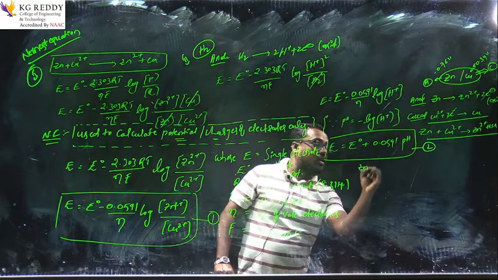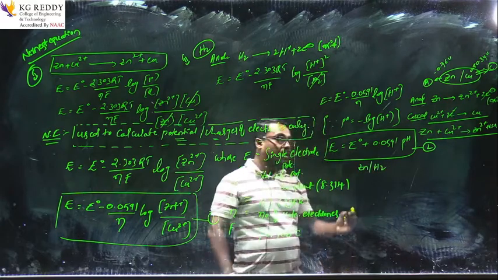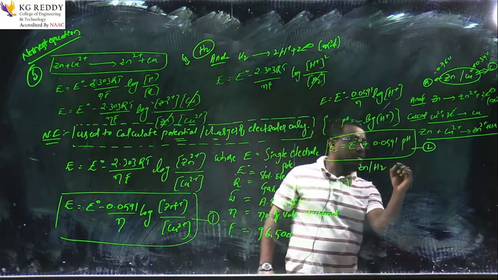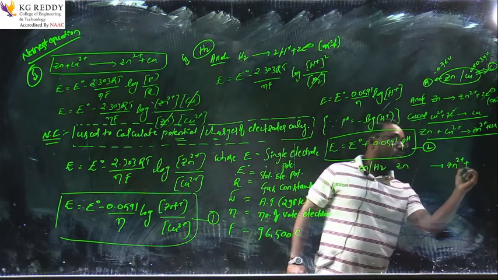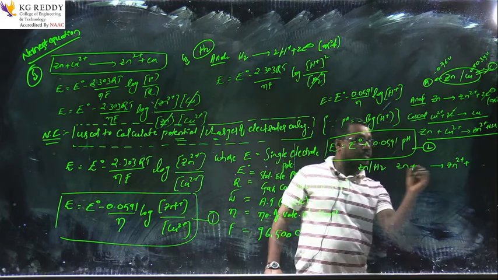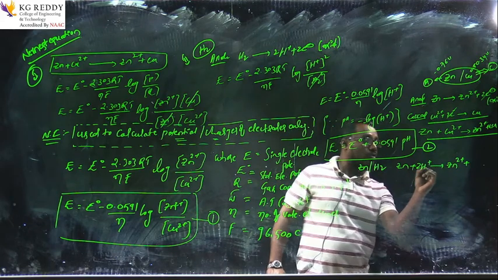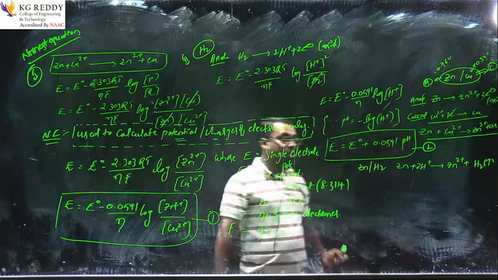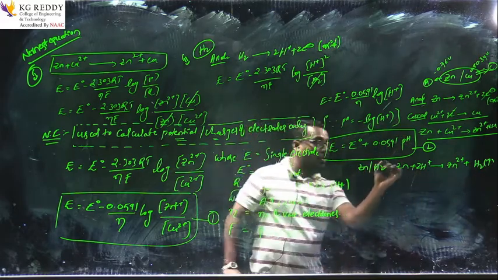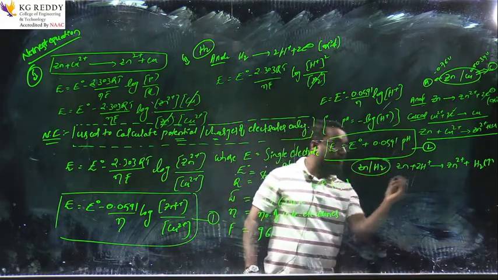If you consider zinc and hydrogen, the zinc will act as the anode, so it loses 2 electrons, and hydrogen gains 2 electrons and forms hydrogen gas. Using this reaction we need to write the Nernst equation.